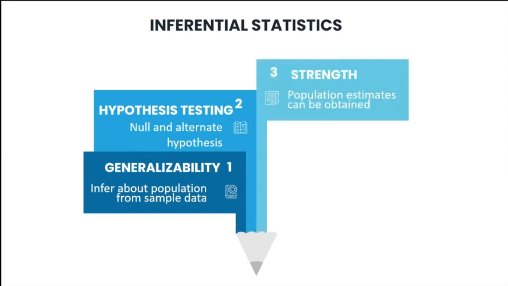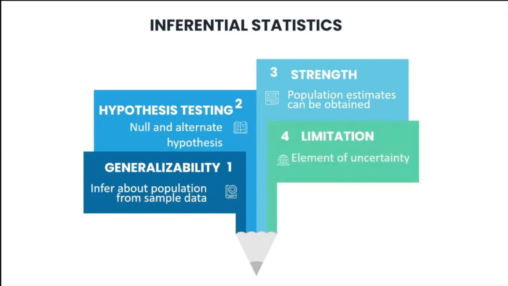The strength of inferential statistics is that population estimates can be obtained, because by taking the standard error and giving the confidence interval, we are projecting the population estimate. This is the strength, because then the external generalizability of your research will be much more than in descriptive statistics.